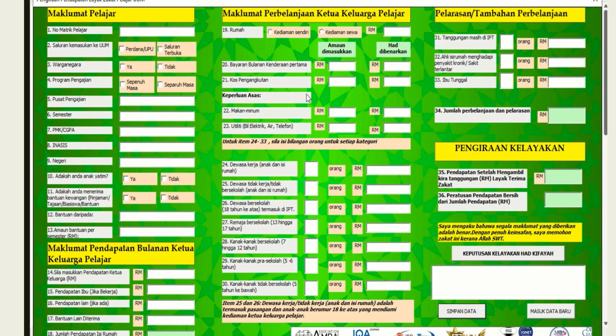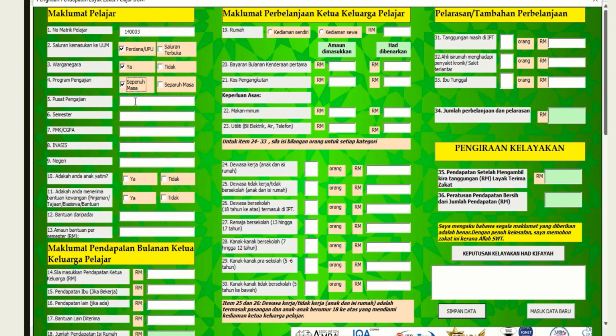So we start with the information of the students. Okay, the information required are the matric number, whether the student enters UUM using UPU or open channel, their nationality, whether they are Malaysian or non-Malaysian, whether they are doing full-time study or part-time.